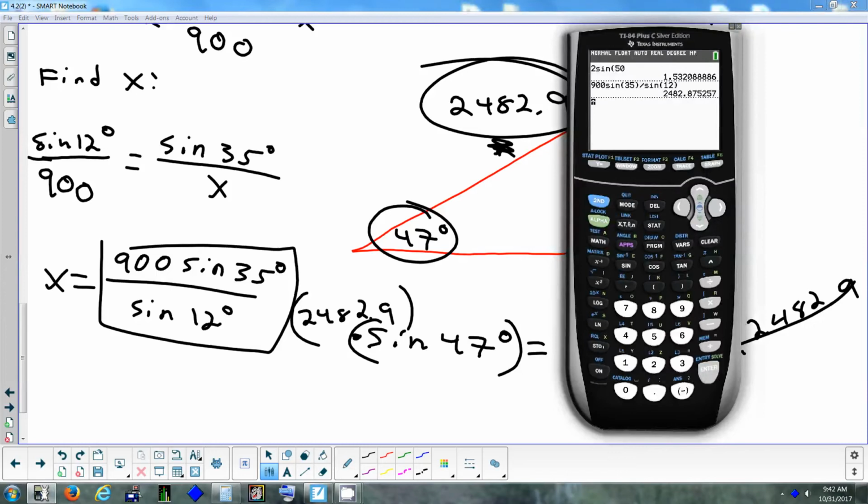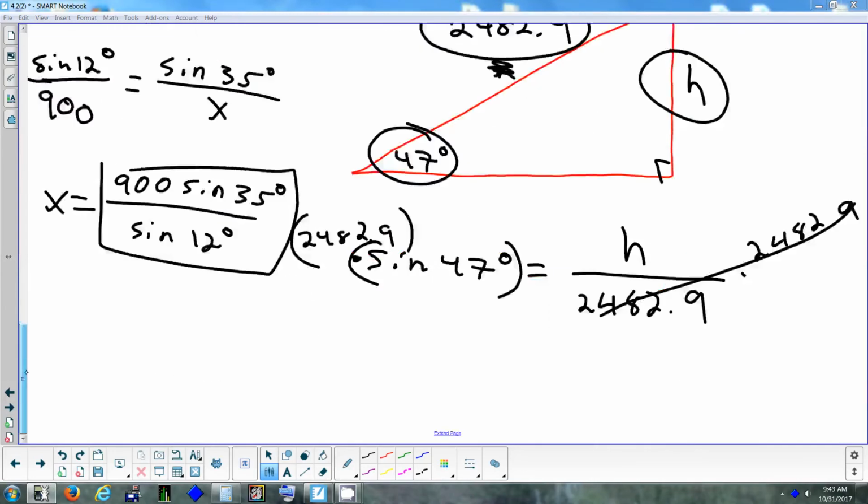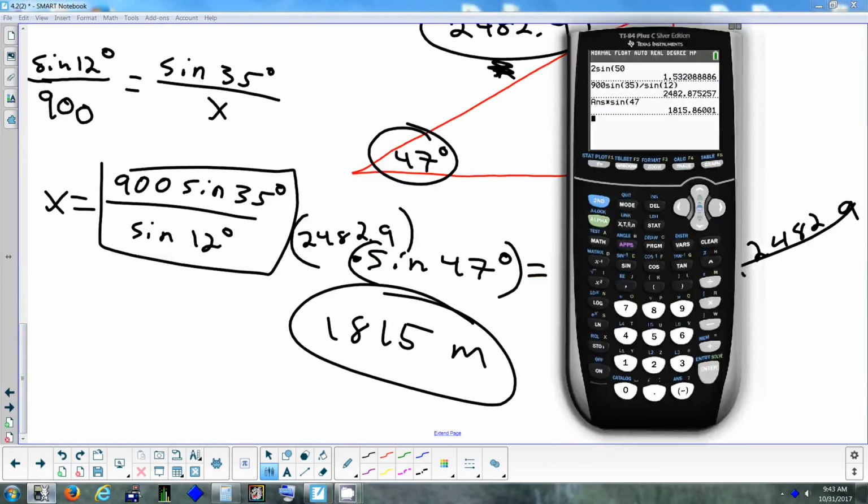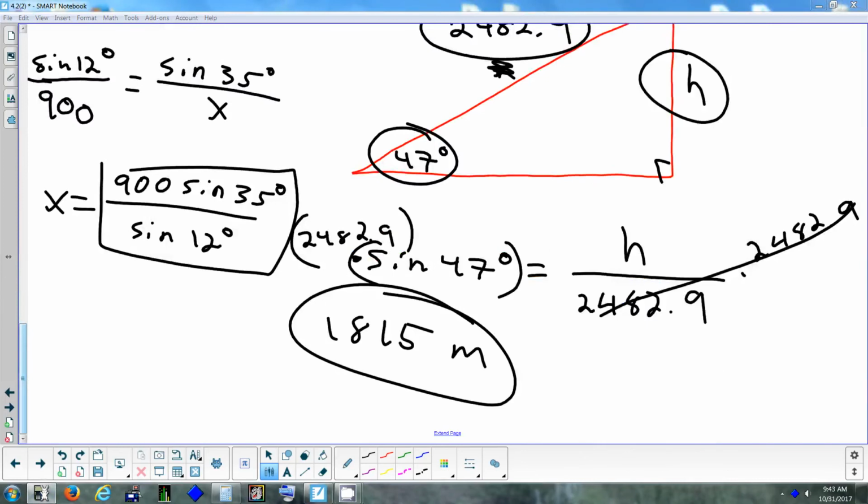So I'm just going to take the answer I just had on the screen, which is 2,482.9 times sine of 47. And I get a height of 1,815 meters, roughly. Actually, it'd be 1,816, I guess, if you round properly.